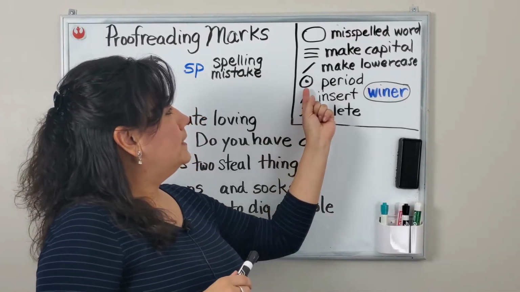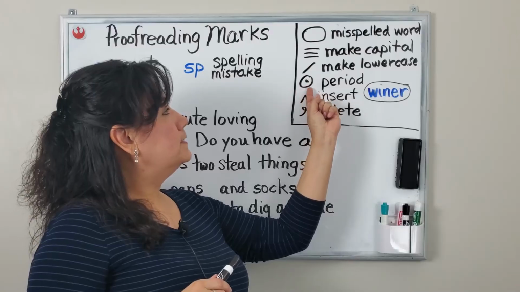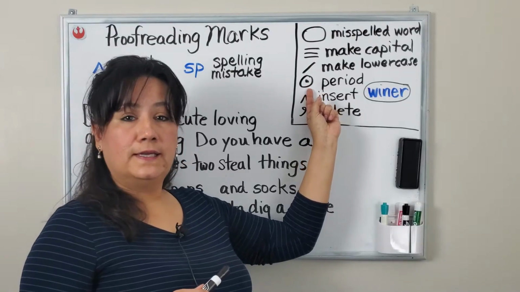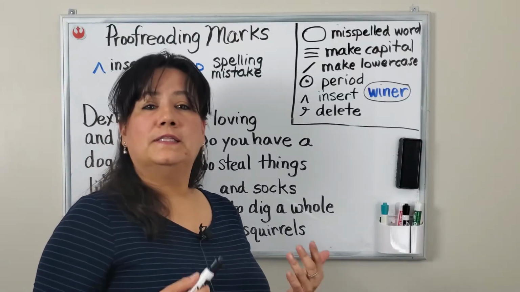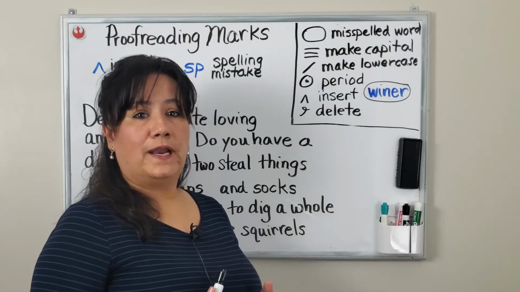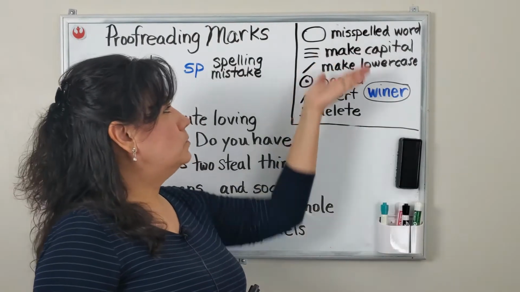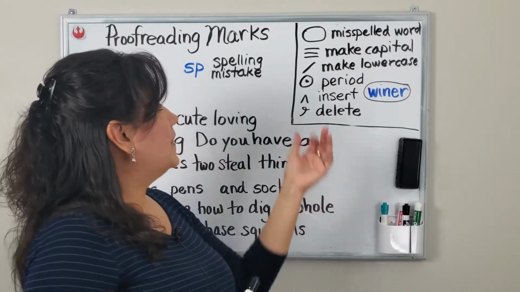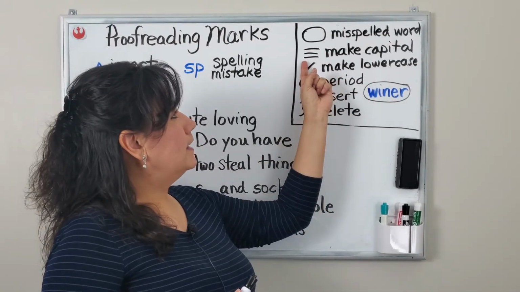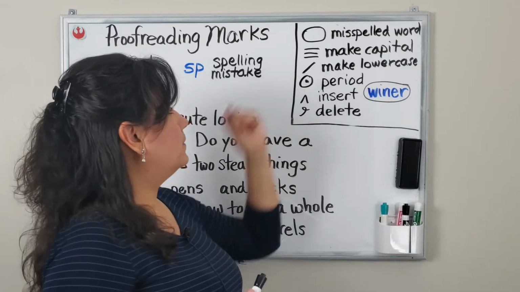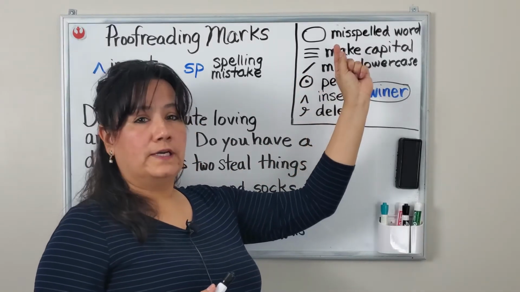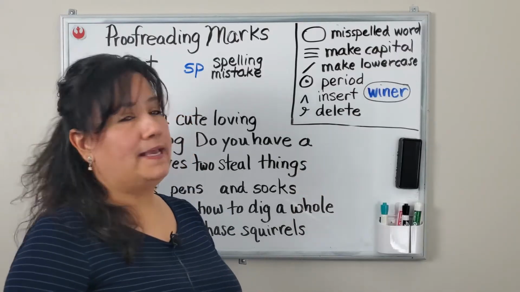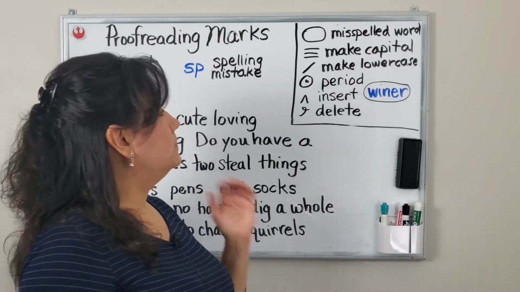The other one, that looks familiar, is add a period, and of course it is a period with a circle. So those are going to be a little different when you do language, but I do want to remind you that you keep using these in spelling. And of course we have line, line, line. That means make it a capital. A line over a letter means make it a lowercase instead of a capital.